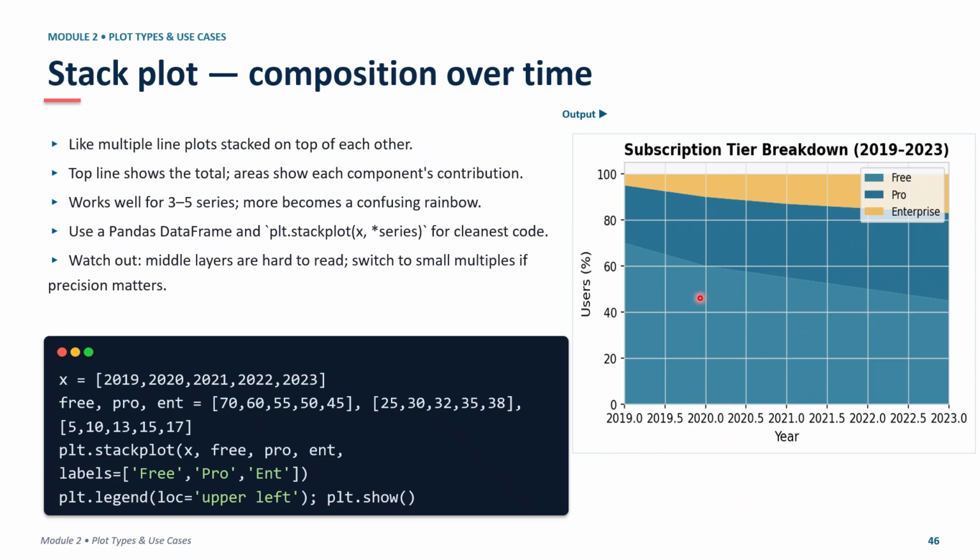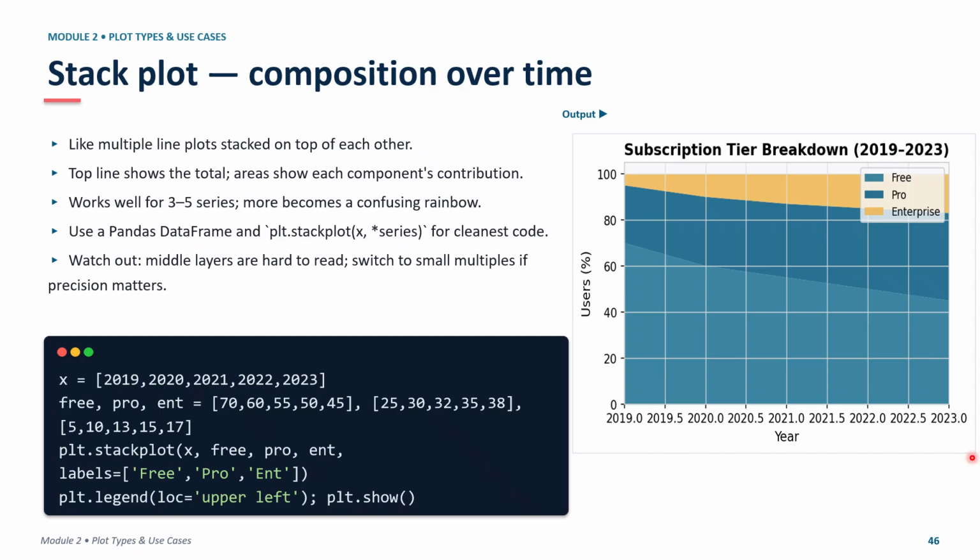The topmost line shows the total of all the series combined, and each colored area between the lines represents one component's contribution. Here you can read from this output the contribution of free, the contribution of pro, and the contribution of the enterprise subscription.